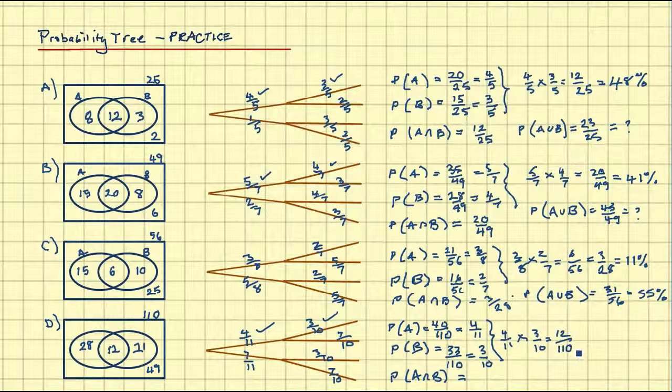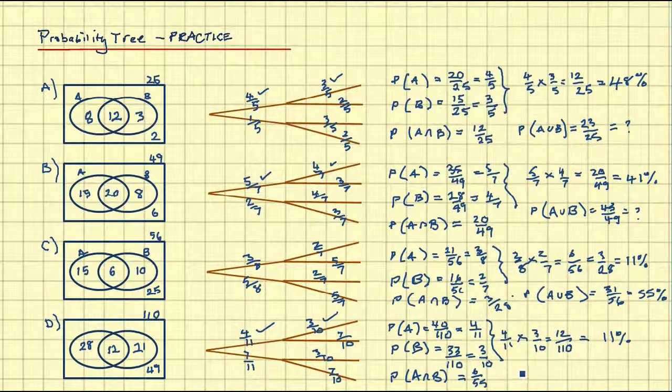So 12 out of 110 possibilities, and that's confirmed on my Venn diagram here. 12 out of 110 turns out to be 11%. And that would simplify down, actually, wouldn't it, as 6/55.